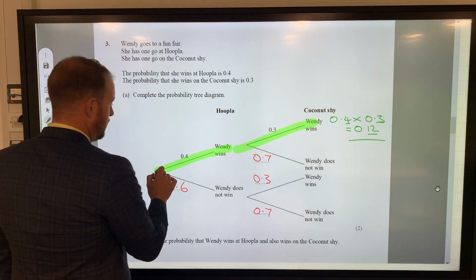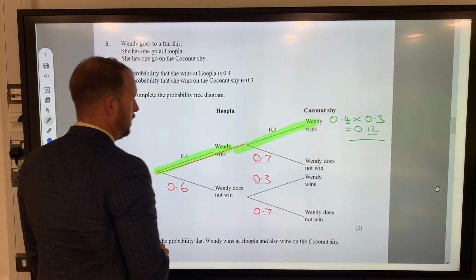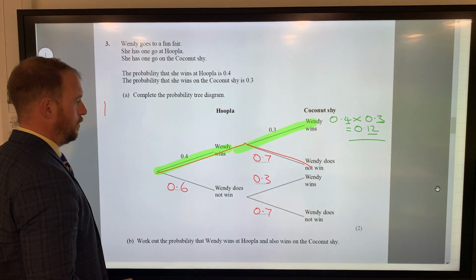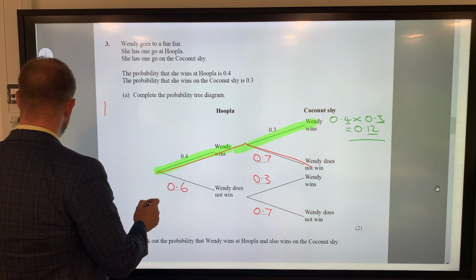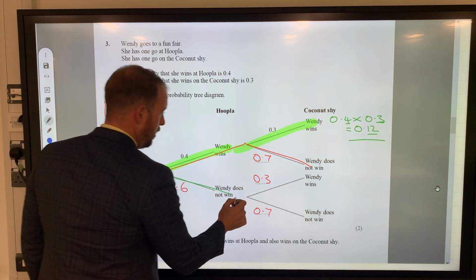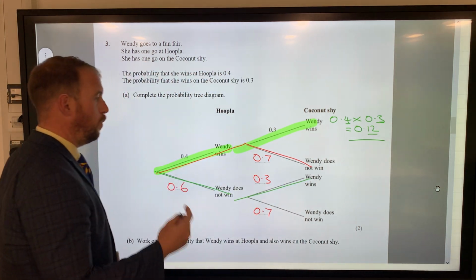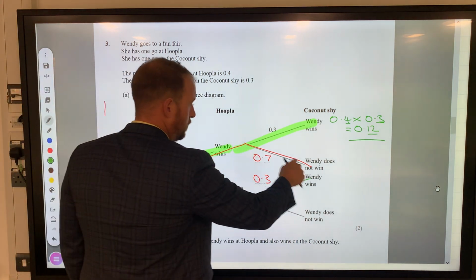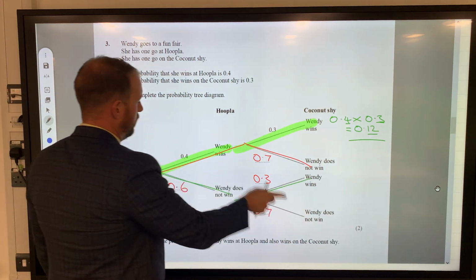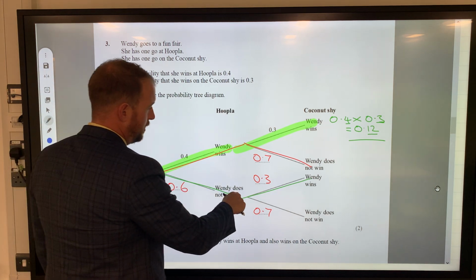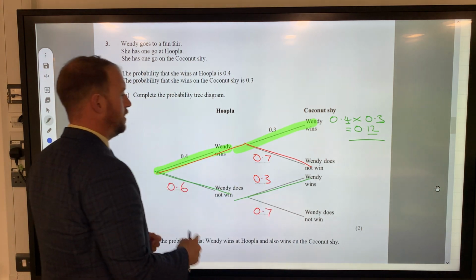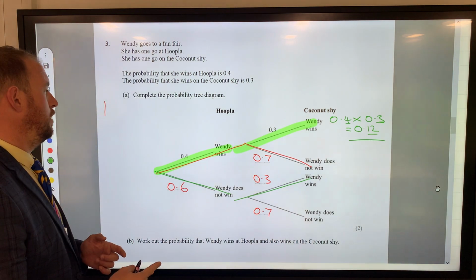So if it's win at the hoopla and then not at the coconut shy, or it could be does not win but then wins here. So she's won once. So Wendy winning once, she'll have to lose or does not win the second time, or she would not win the first time and then win. So these things here, she has won only once.